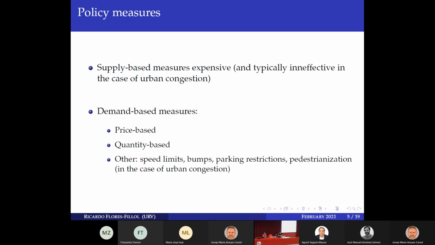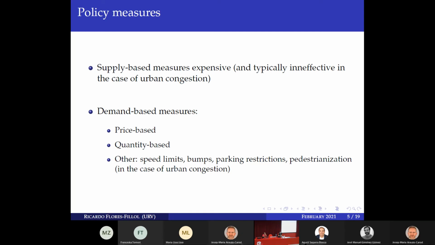And there are others, like speed limits, bumps, parking restrictions, pedestrianization, etc. I'm not going to talk about parking, but it's a very effective measure as well, and it is related to the supply measures I was mentioning before. Everything is about incentives. If you put in more parking lots, you're going to have more cars.